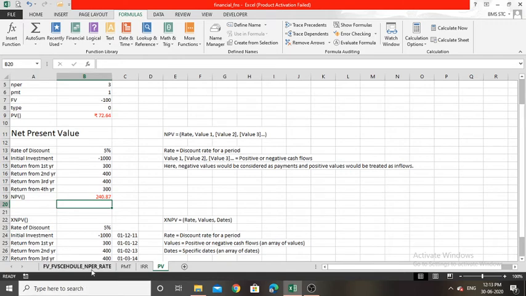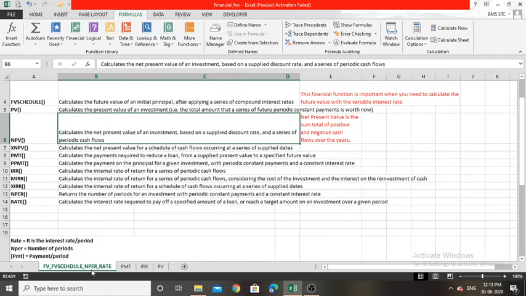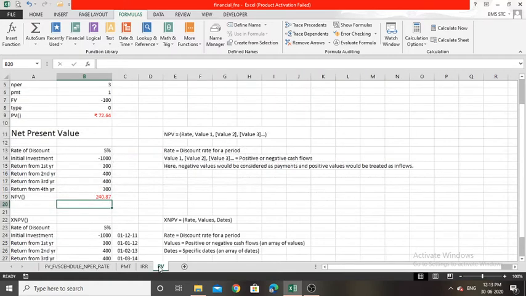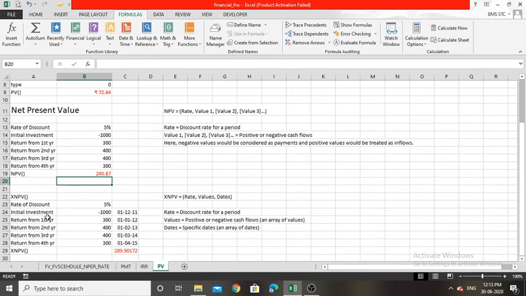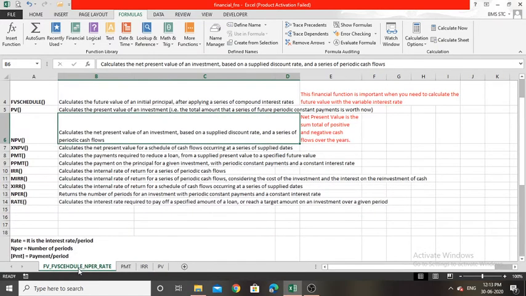So this is the net present value of an investment of 1000 rupees with an inflow of 400 and 300 year by year. So next one is XNPV. So what does XNPV denote?